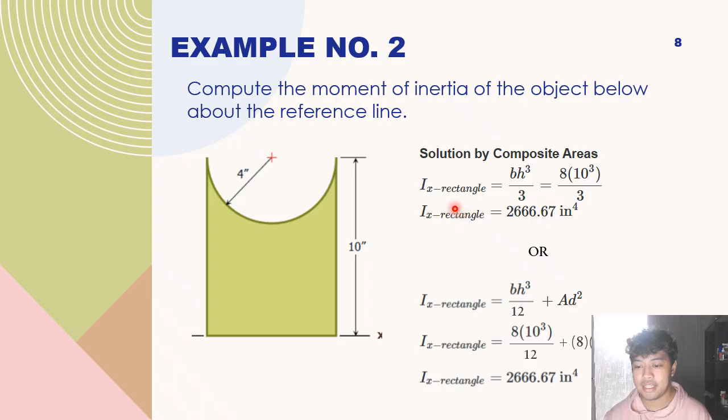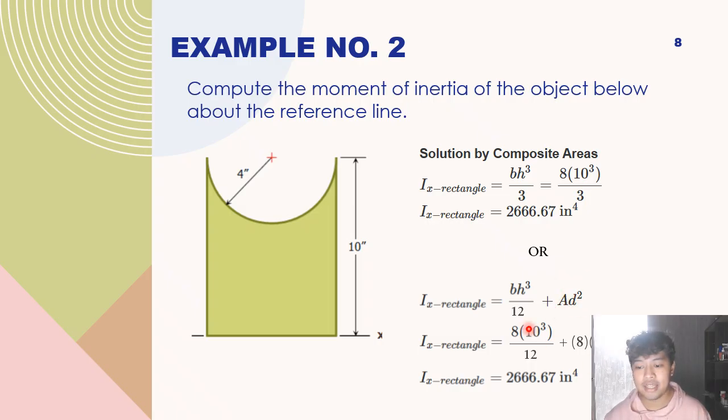So again, that is one method. The second method is again to use the transfer formula. We have to compute the moment of inertia with respect to the centroid of the rectangle, and then use the transfer formula after that.